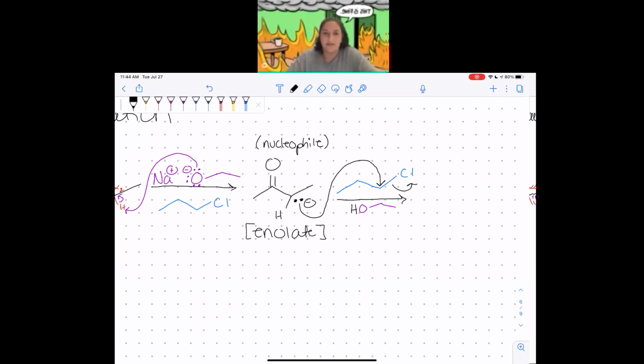So we end up with, always count your carbons. So 1, 2, 3. 1, 2, 3. I see students miss a carbon or put an extra carbon all the time. So just make sure you're keeping track of those suckers.